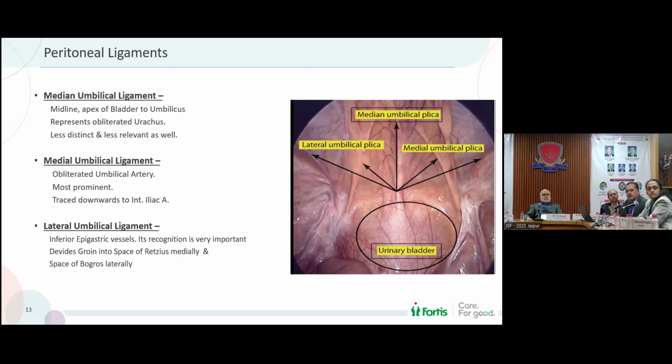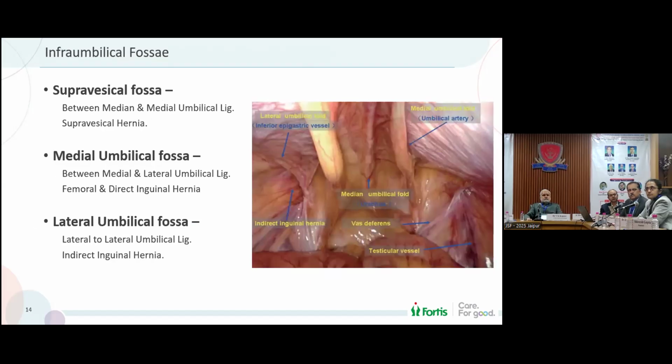And then there is the lateral umbilical ligament, which is raised by the inferior epigastric vessels, which is also very important. You may not find it very clearly in some thin patients, but it divides the groin space into the space of Retzius medially and the space of Bogros laterally. We'll come to that later on.